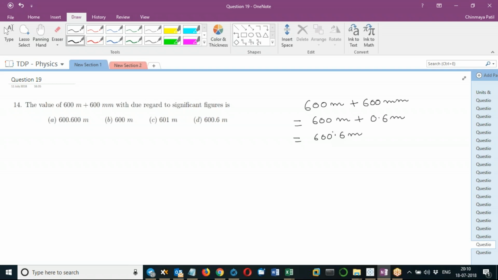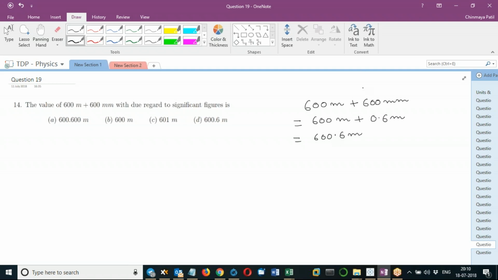Now as the given numbers have no decimal point, the resultant value 600.6 meter has to be rounded to three significant digits without having any decimal values.